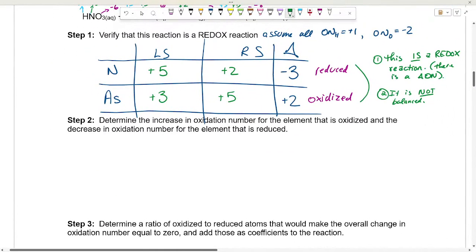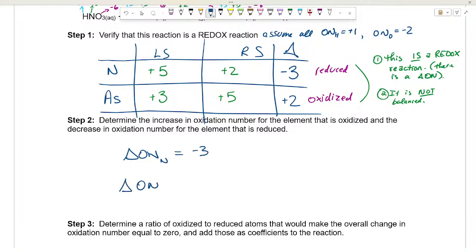So determine the increase in oxidation number for the element that's oxidized and the decrease in oxidation number for the element that's reduced. So we can say we've already done it. The change in oxidation number for nitrogen is -3, and the change in oxidation number for arsenic is +2. Is that comfortable?